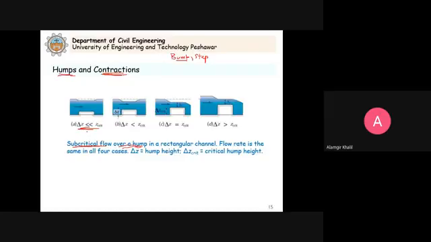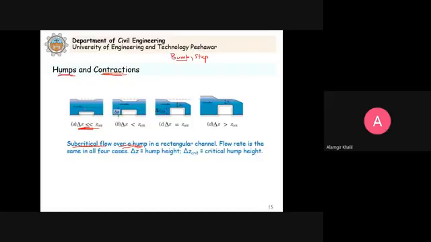Towards the end of the previous lecture we discussed that when we have subcritical flow and a hump is introduced, the bed of the channel is raised, but only very slightly. What will happen is that the water surface will depress. Why will it depress? Because there is a decrease in the specific energy. This hump causes a drop in the specific energy.